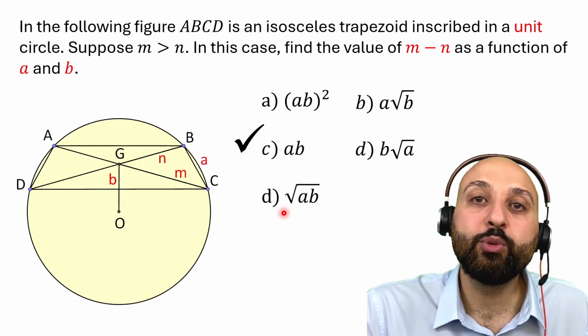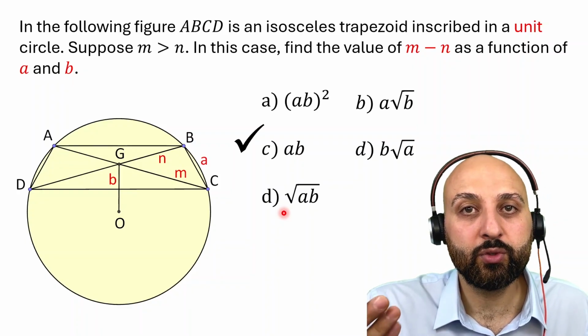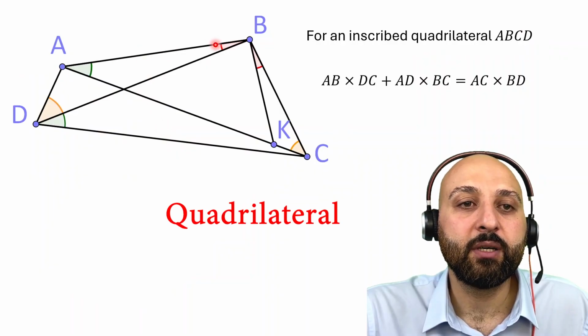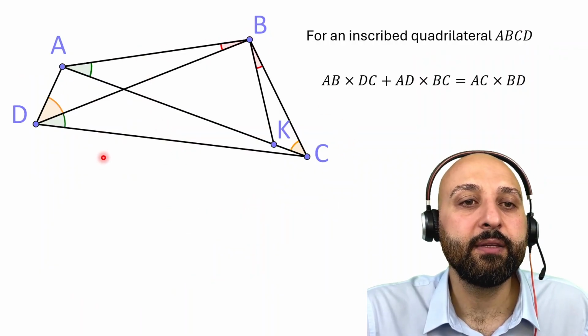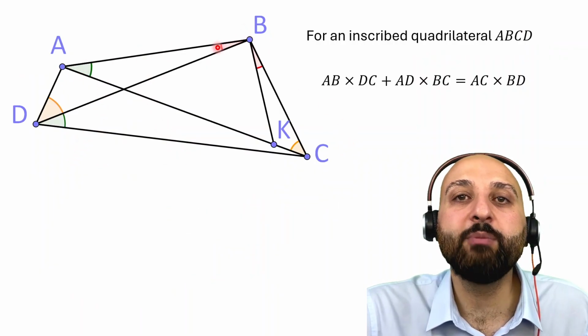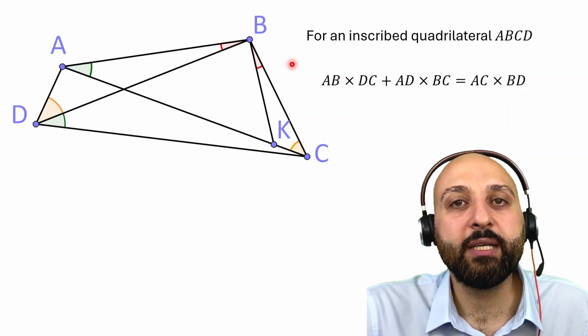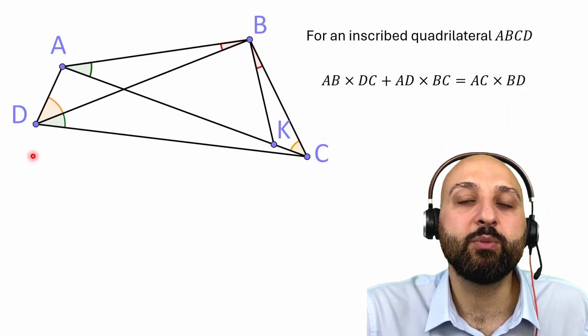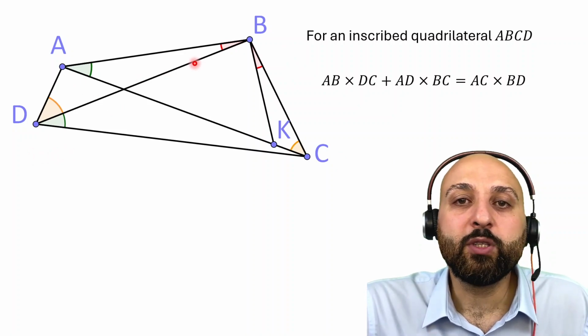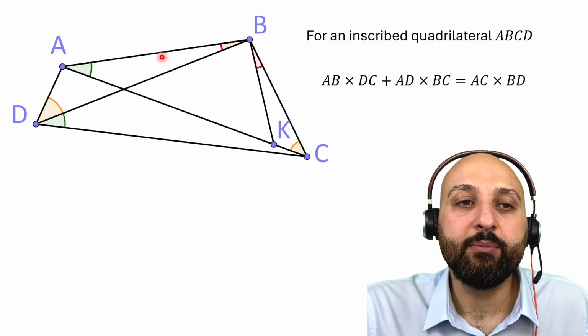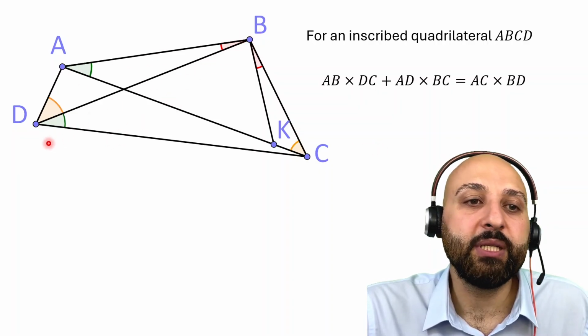Okay, so now I'm going to prove the theorem that we have used to solve this exercise. We have an inscribed quadrilateral ABCD, and we want to show that AB multiplied by DC plus AD multiplied by BC is equal to AC multiplied by BD. This is what we want to prove. Of course, because this is an inscribed quadrilateral, we know that, for example, angle BAC is equal to angle BDC.